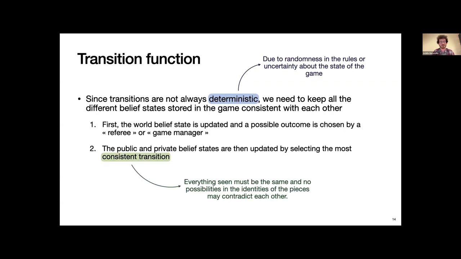For the belief states, everything seen by the agents must be the same, and no possibilities in the identities of the pieces may contradict each other. So, for example, in Stratego, if a piece in the world state is the flag, then in a private belief state, the same piece should at least have some probability that it's also a flag.